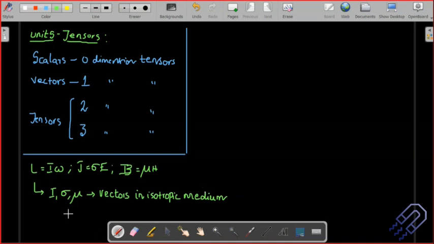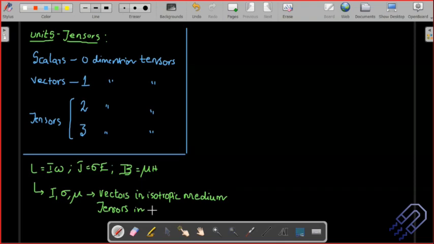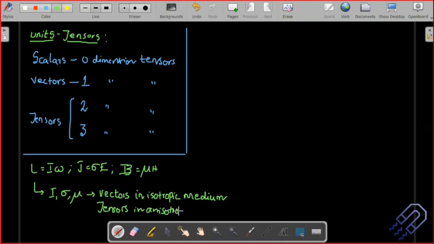When we talk about these I, sigma and mu, these may be vectors in an isotropic medium, but these three quantities would actually be tensors in an anisotropic medium. If you consider an anisotropic medium, we are basically looking into tensors, and you will see that tensors start in second order.